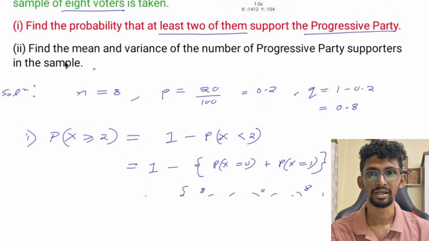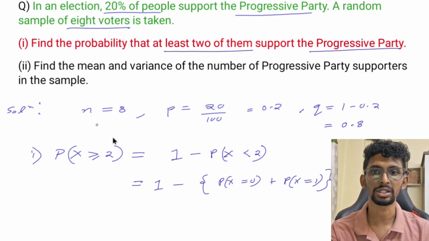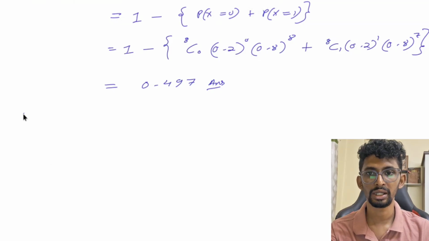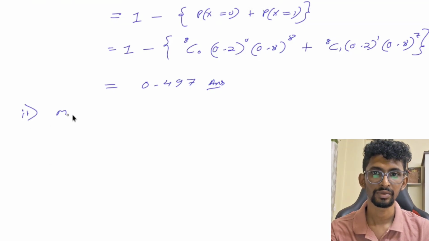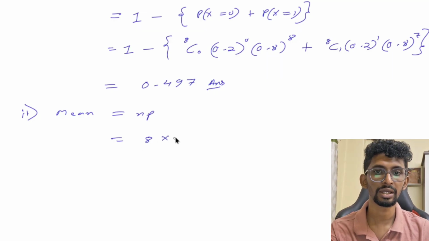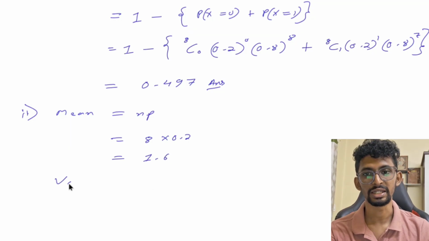That is number 2. Find the mean and variance of the number of Progressive Party supporters in the sample. As I said, the formula for mean is NP. So mean equals NP, where N is 8 and P is 0.2, so the answer will be 1.6. Next, variance.